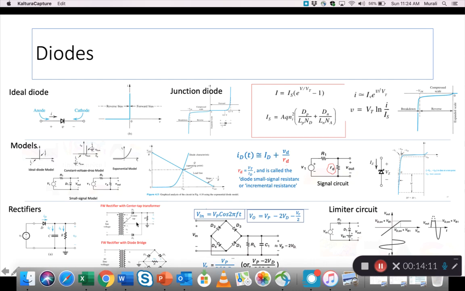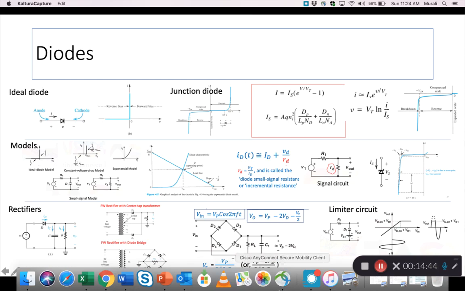But if you use a full wave rectifier, you have 2 diodes with a center tap transformer, or you can have 4 diodes in a bridge circuit without a center tap transformer, right? So we studied both of these, and then we also put a filter capacitor on the full wave rectifier, and then we studied that.